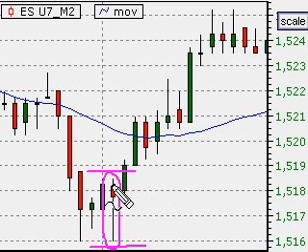So the range of this bar, the high is 1518.50, the low is 1516 even. So that's a 2.5 point risk. But there's 4 ticks in every point, so that's a 12 tick risk.